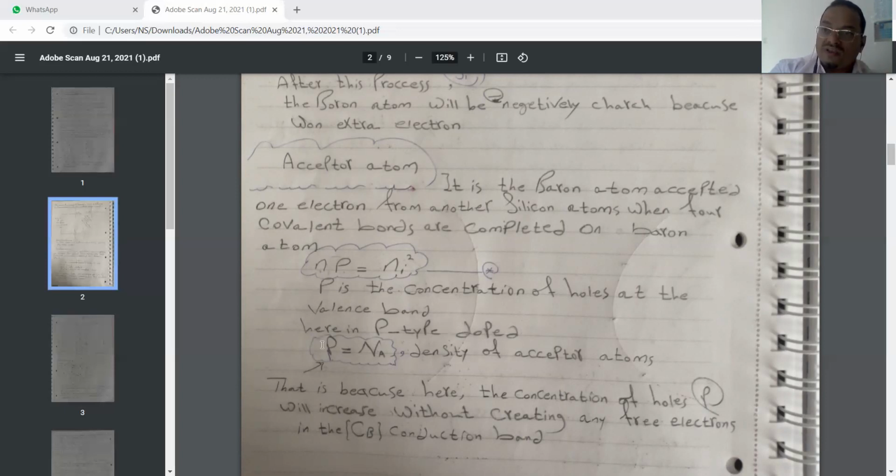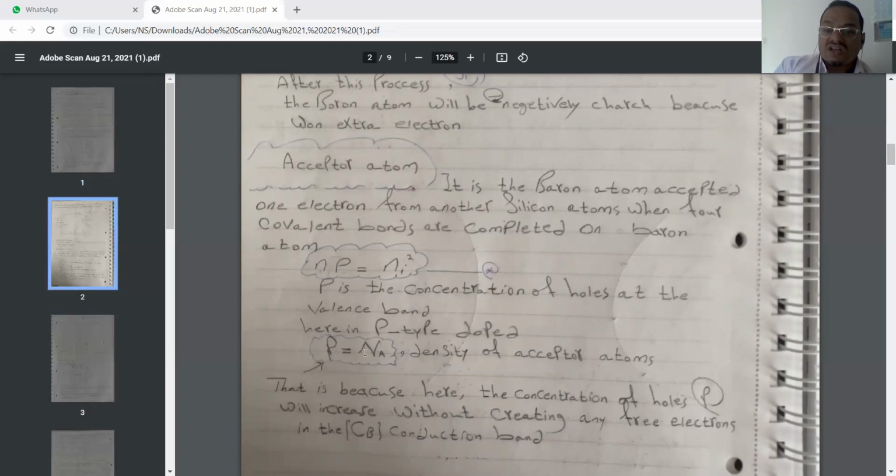And I will do the same process for n-type doping, but I will change some simple things to calculate the concentration of holes. Okay, this is p, that is why p equals NA. If we face a question like that, why is the concentration of holes in the valence band equal to the density of acceptor atoms in p-type doping?